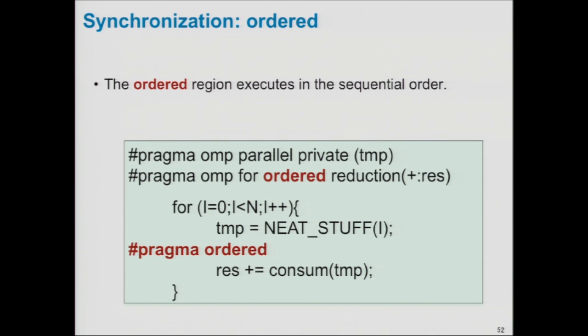And so you put the ordered clause onto your loop directive, and that tells the compiler there's going to be some stuff in this loop that has to execute in exactly the order of the iteration space. Everything else can execute whenever, I don't care, but this has to execute exactly as ordered.